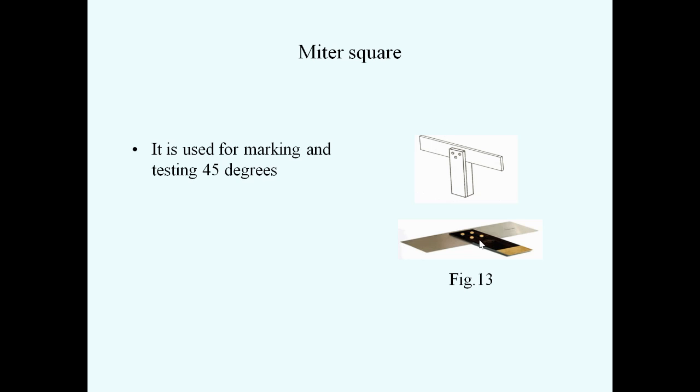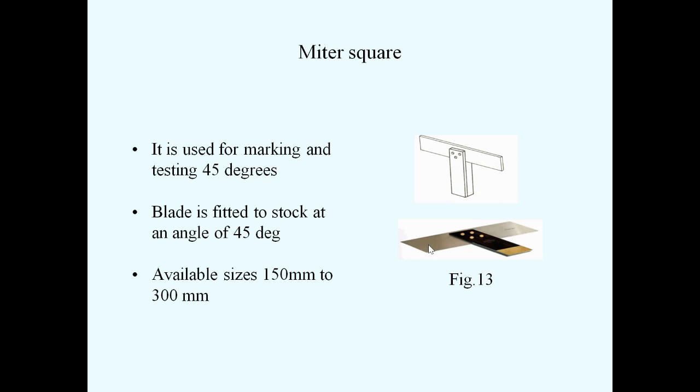It is used for marking and testing the surface of the workpiece at an angle of 45 degrees. The blade is fitted to the stock at an angle of 45 degrees. The blade is available in sizes from 150 mm to 300 mm.